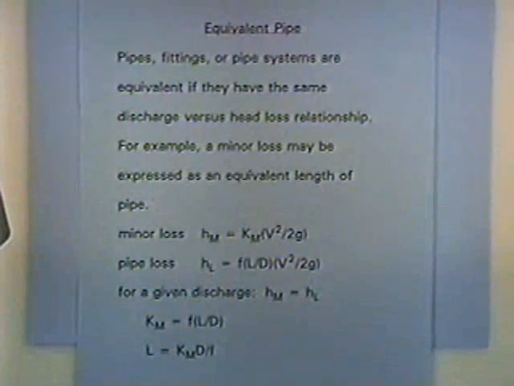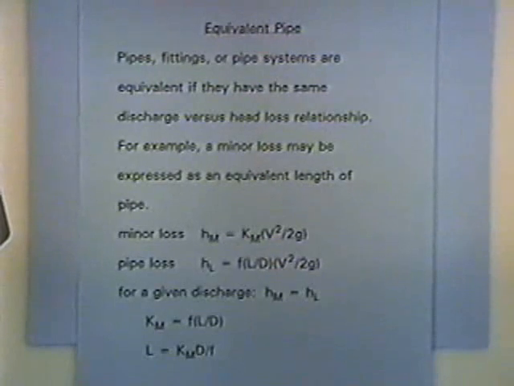By definition, here is what an equivalent pipe is: if you've got pipes, fittings, or pipe systems, they are equivalent if they have the same discharge versus head loss relationship. Now, head loss is K times Q to some power. And so if you've got one system that's pipes and fittings and so forth, and it's equivalent to another single pipe, it means that for a given discharge, the head loss is the same.